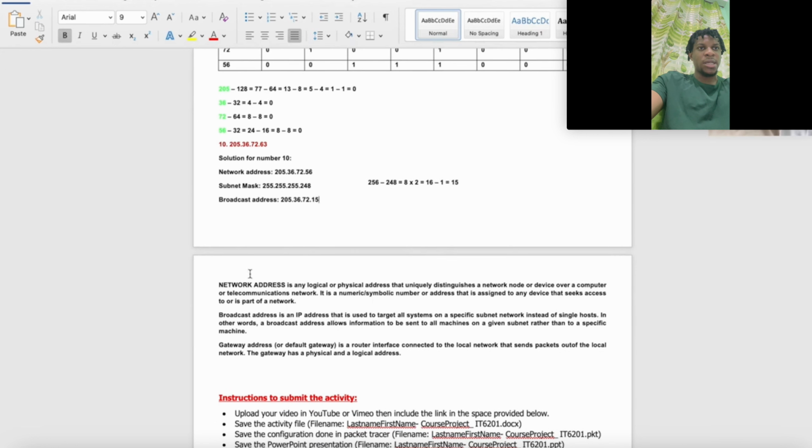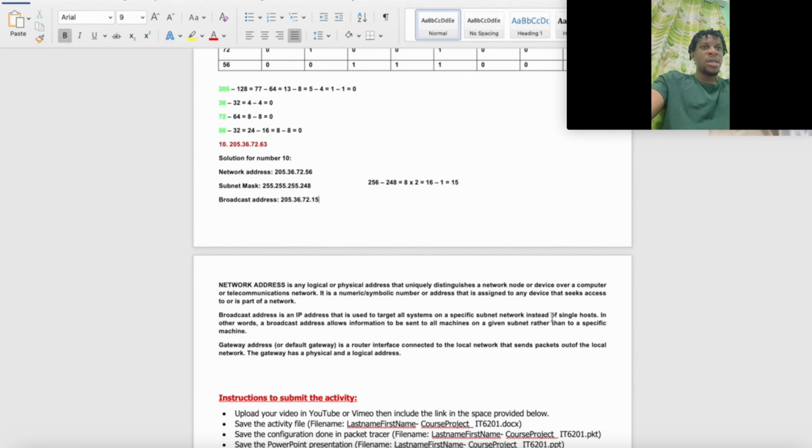A network address is any logical or physical address that uniquely distinguishes a network node or a device over a computer or telecommunication network. It is a numeric or symbolic address that is assigned to any device that seeks access to or is part of a network. A broadcast address is an IP address that is used to target all systems on a specific subnet network instead of a single host.